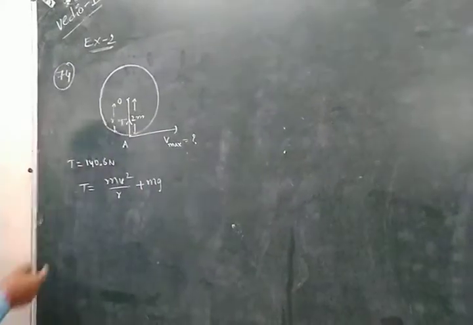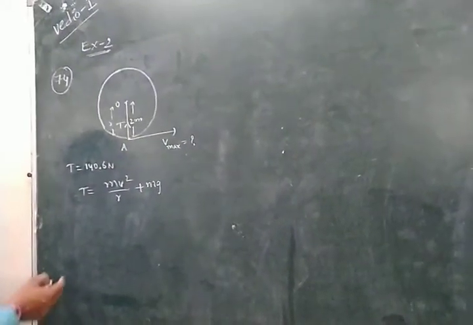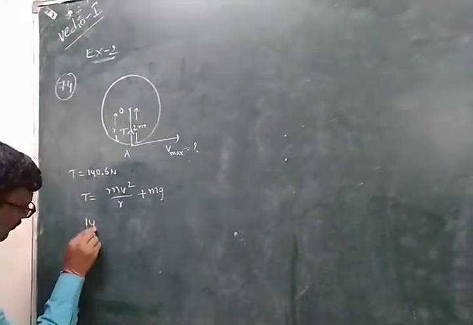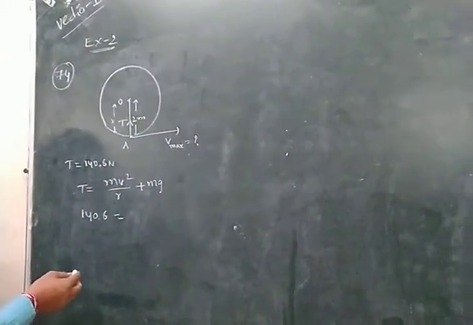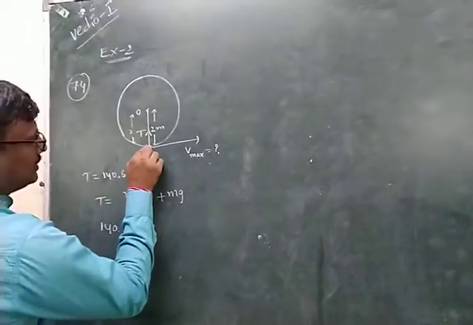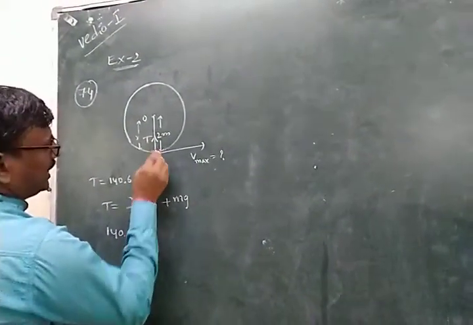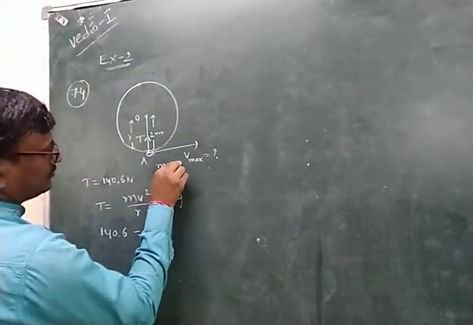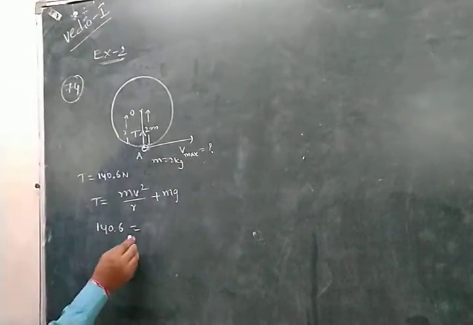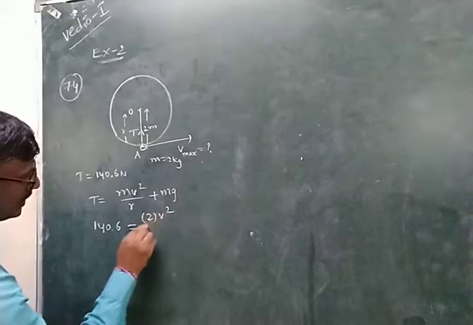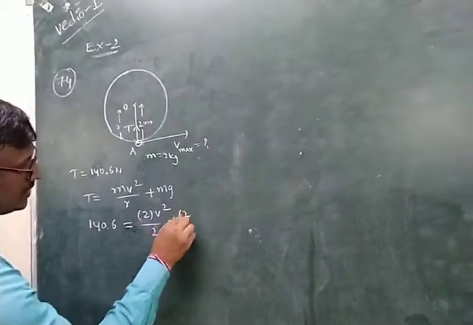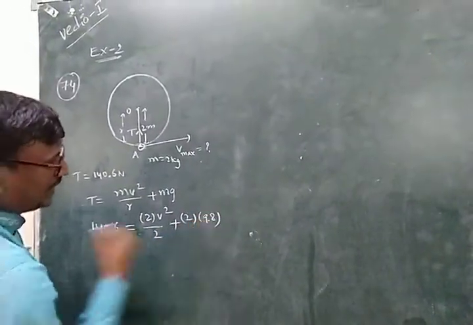Now the tension is given as 140.6. The mass of the stone is m equal to 2 kg. Substituting, 2 into v square by 2, plus 2 into 9.8.